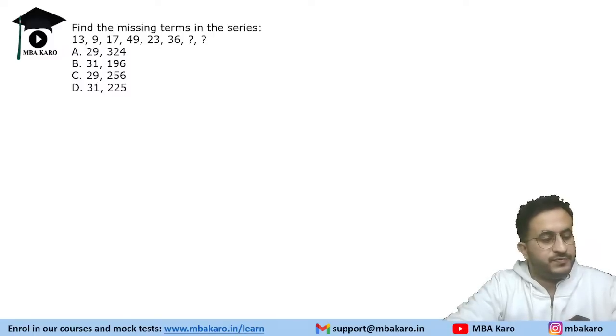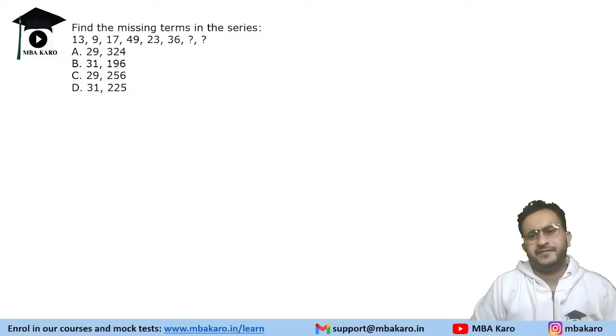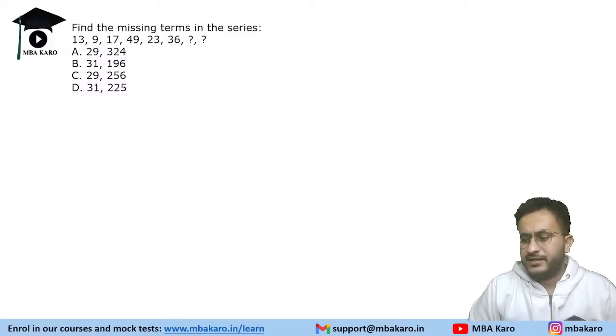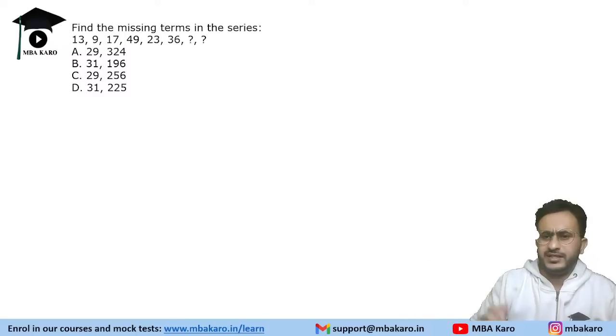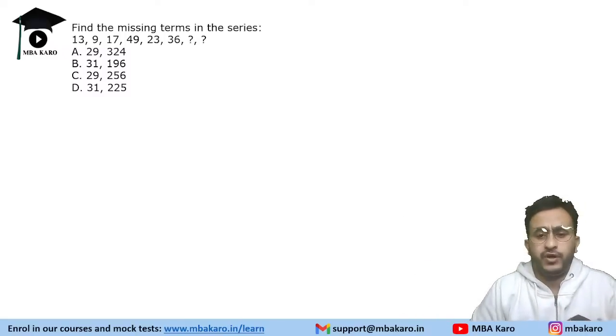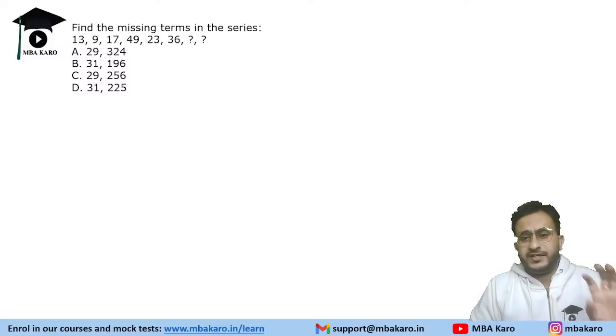This time, I noticed that in the first slot, the series based questions were all very simple questions. But it might happen that in the second slot, like historically, if I talk about not this year's but last year also, in slot 2 there were some decent questions. And before that, till SNAP 2022, there used to be very absurd series questions, whose logic you could not even figure out.